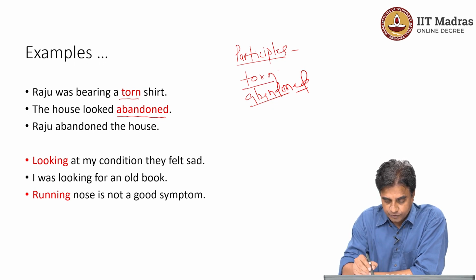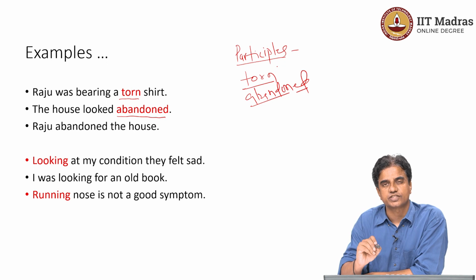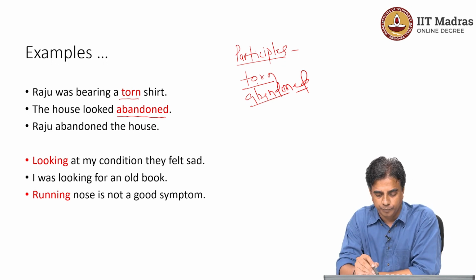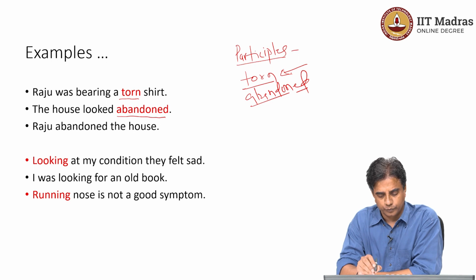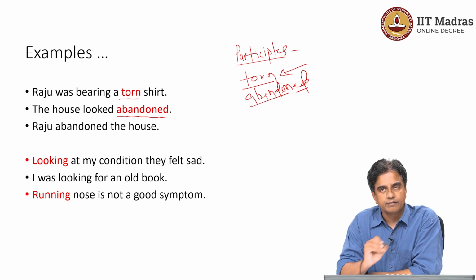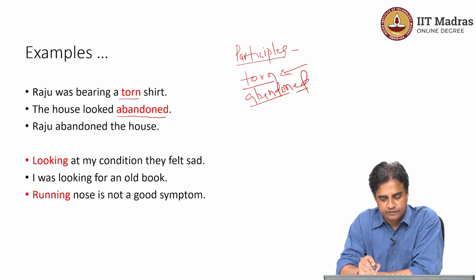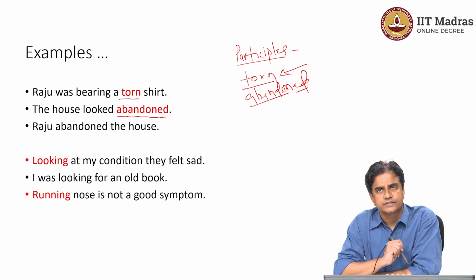This is a verb which changes its complete shape, so this is a different word. So they are verbs and they have some markers on them. That's one thing that we derive from these examples.